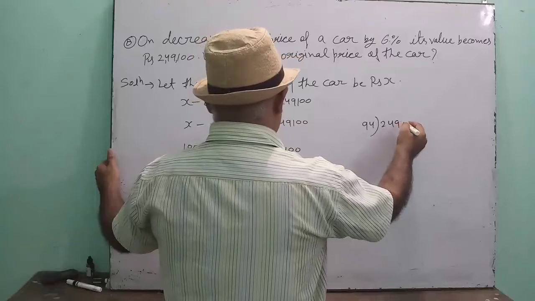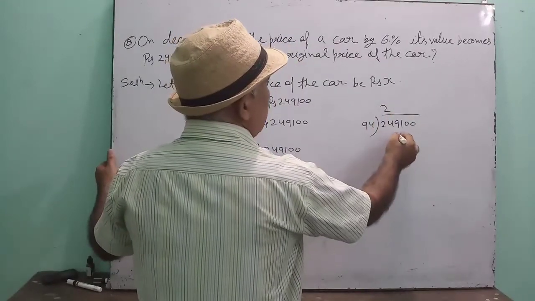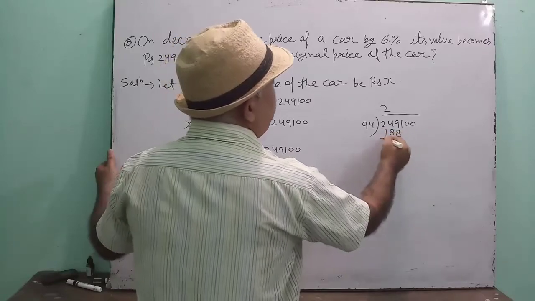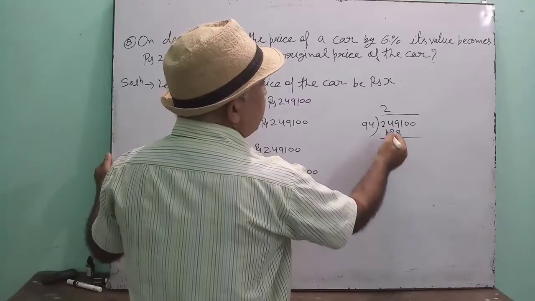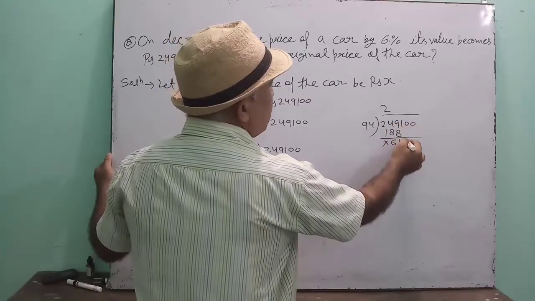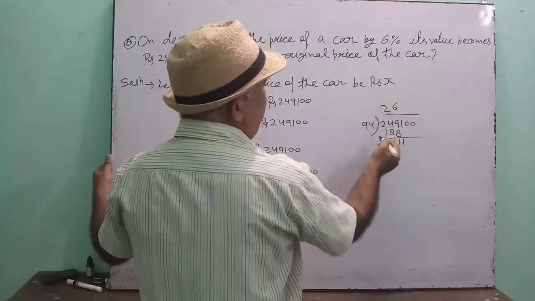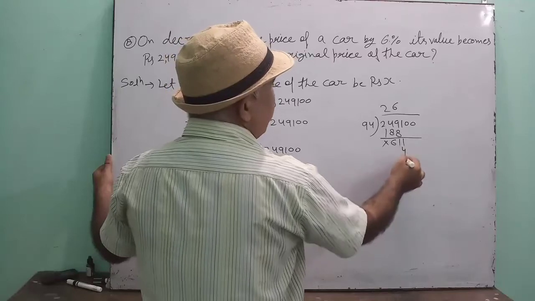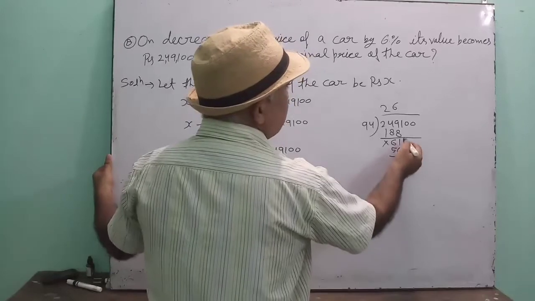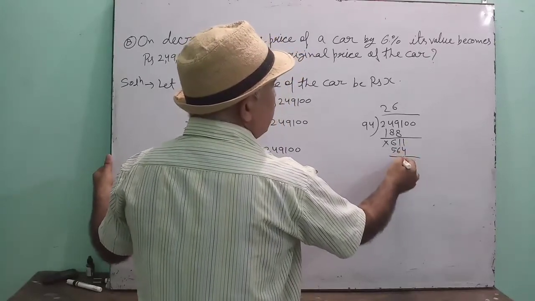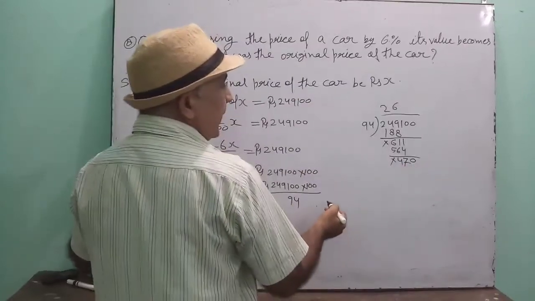94 is dividing 249100. See this. First take 2 times. 2 into 4 is 8, 2 into 9 is 18. 9 minus 8 is 1. 14 minus 8 is 6. 1 minus 1 is 0. This 1 will come down. Take it 6 times. 6 into 4 is 24, 2 carry on. Now it is 56. 11 minus 4 is 7. 10 minus 6 is 4. 5 minus 5 is 0. 1 0 will come down here.